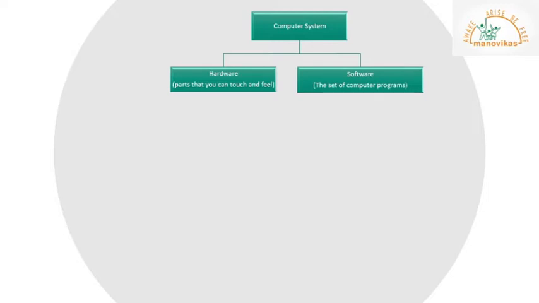As we can see, for a computer system to function, it needs hardware as well as software. Now what is hardware? Hardware are the physical components of the computer which we can see and we can touch. Whereas the software are the instructions which are given to the computer by the programmers, which we call programs. Without these programs, your hardware will not work.